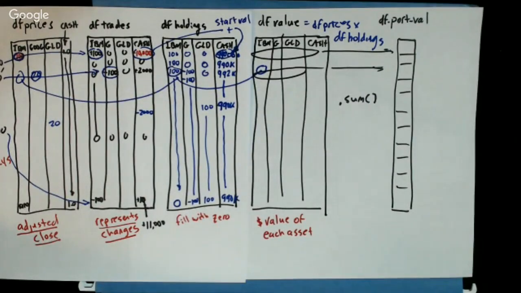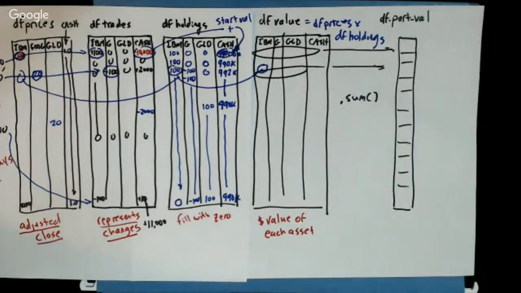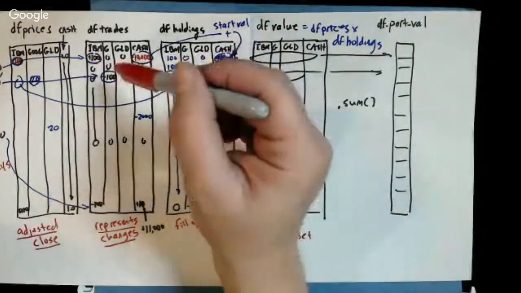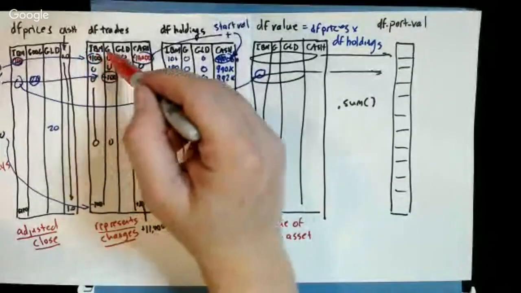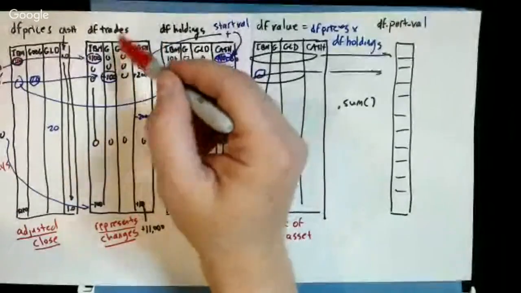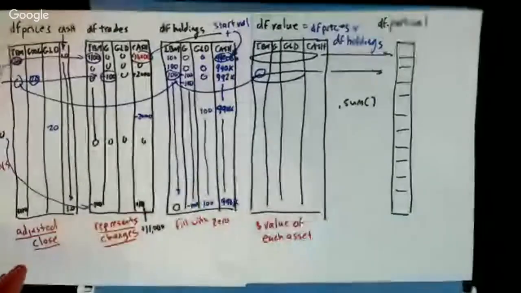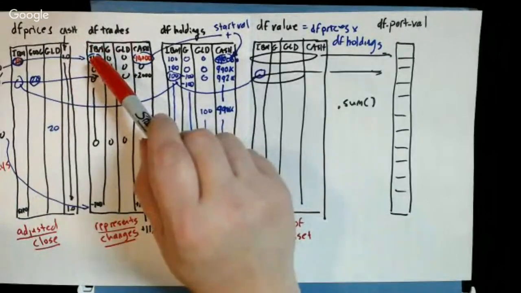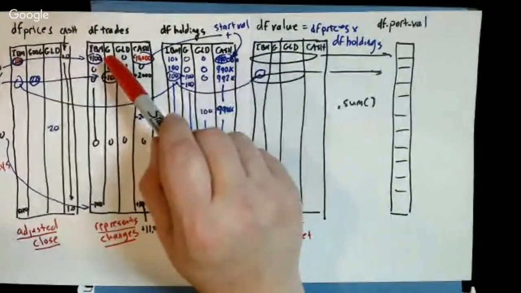Next question. In DF Holdings, when you step through each day, how do you handle multiple orders on the same day? Good question. The way you handle that is you encode all those multiple trades in this single row in DF trades. Let's suppose that on this first day, we bought 100 shares of IBM and we bought 100 shares of Google.